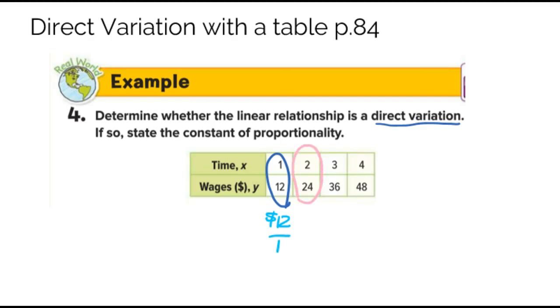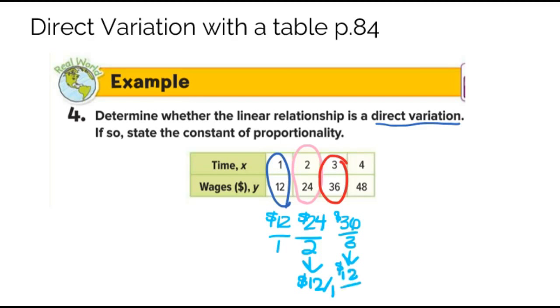Now, our next right here, we have $24 per 2 units of time, which is $12 per unit. Make sure we check them all. It's looking like it's going to be proportional at this point, but $36 per 3. That, when you reduce that, is $12 per unit of time.